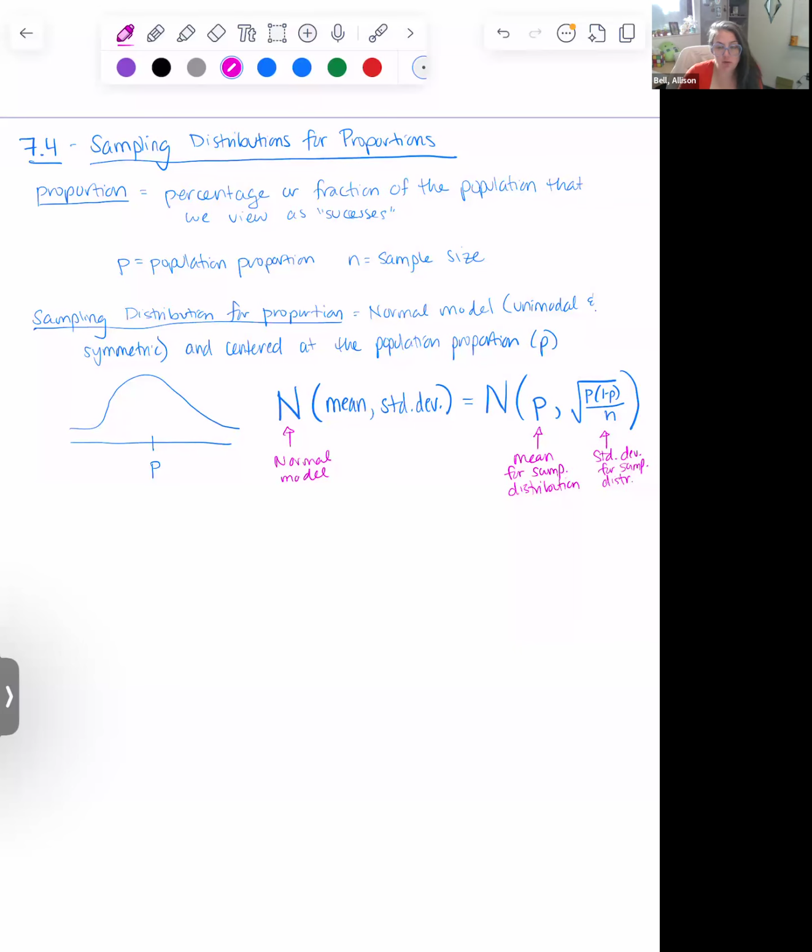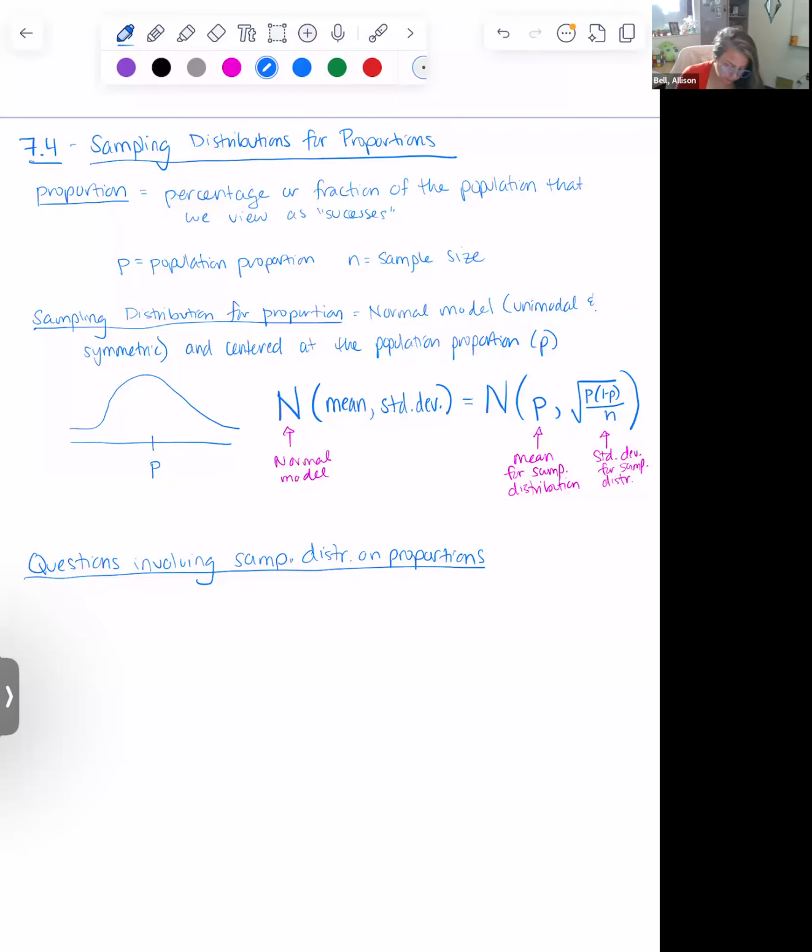For each example, we have a trajectory we have to take, so let me write out what the steps would look like. For questions involving sampling distributions on proportions, there's a very standard trajectory that we use for every example.